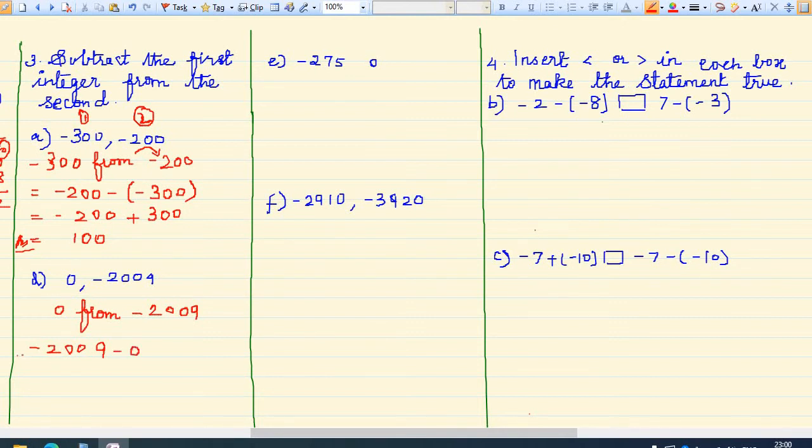So listen, what are you going to write here? Any number, when I subtract 0, I get the same answer. So for that, 2009. So my answer is minus 2009. Got it, children?